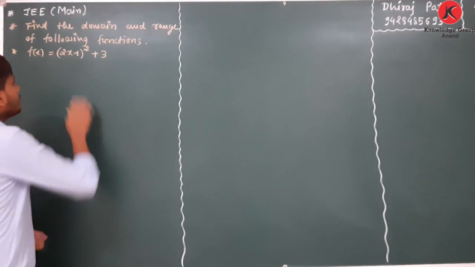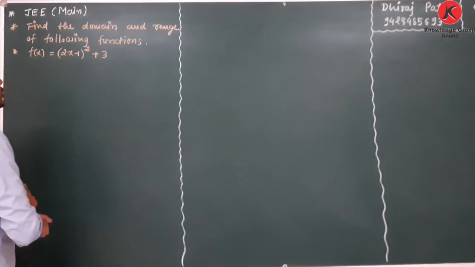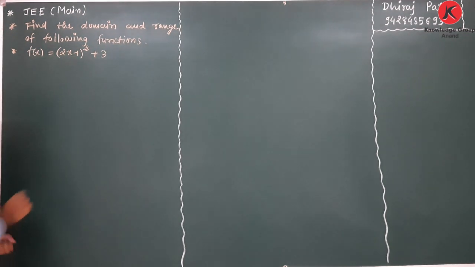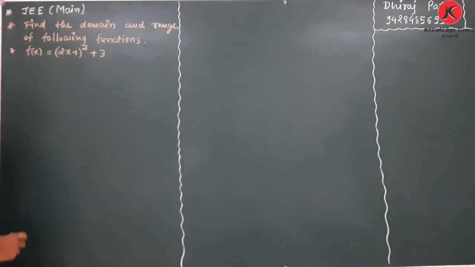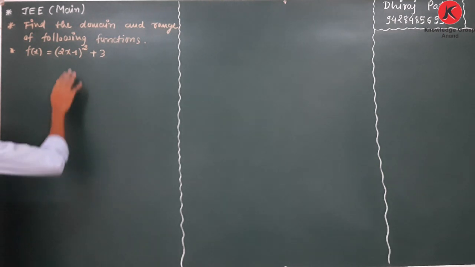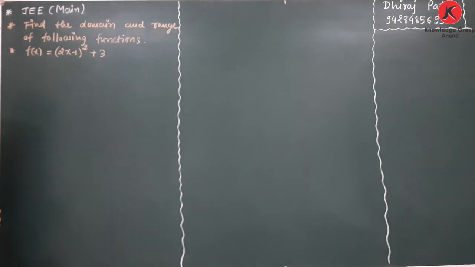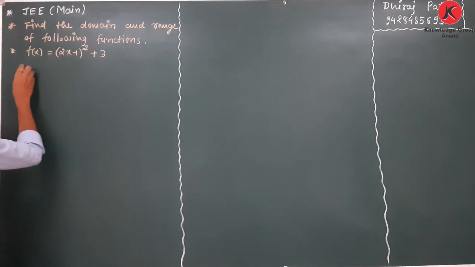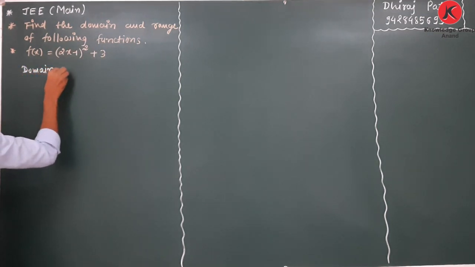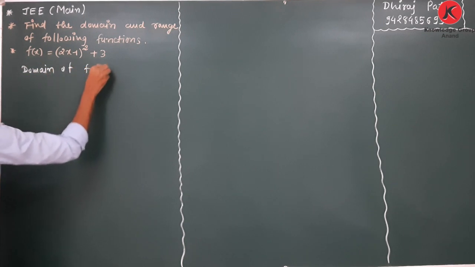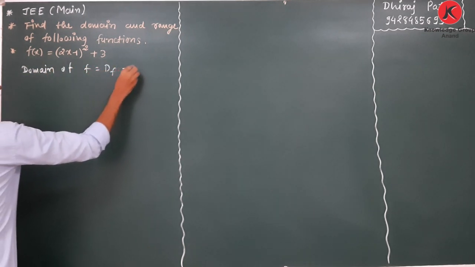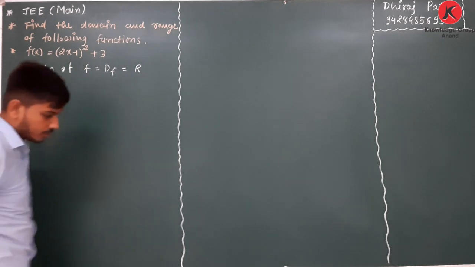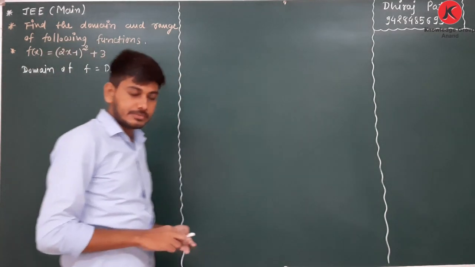Okay. f of x is equals to (2x minus 1) whole square plus 3. This is our polynomial function, and if we expand it, it is a polynomial function of degree 2. And we know that the domain of polynomial function, domain of f, which is denoted as D of f, equals R. So our domain is R. Okay?